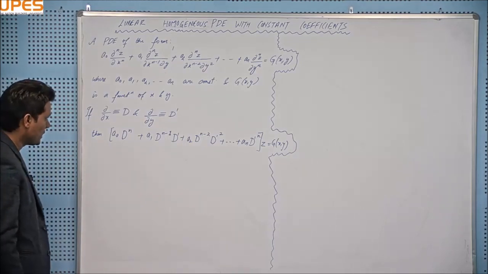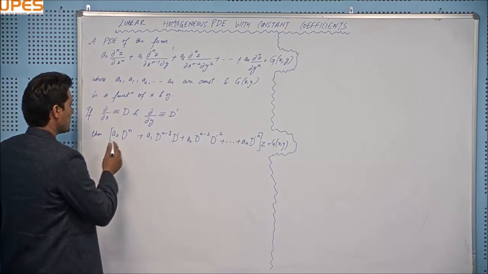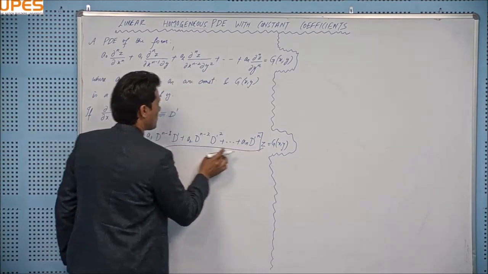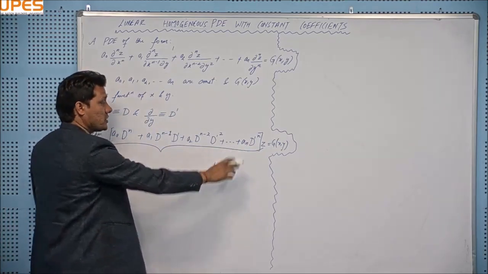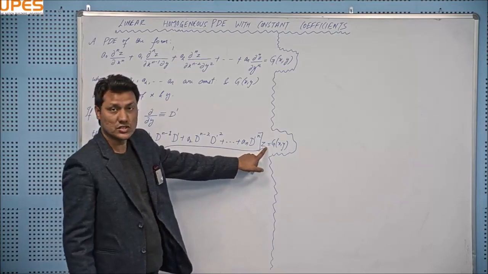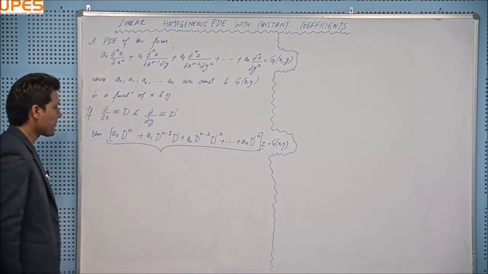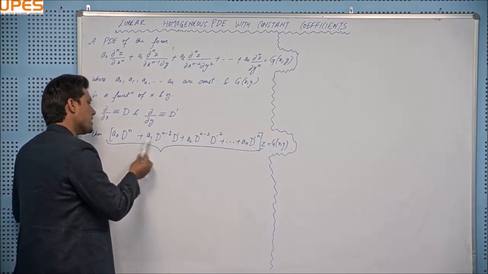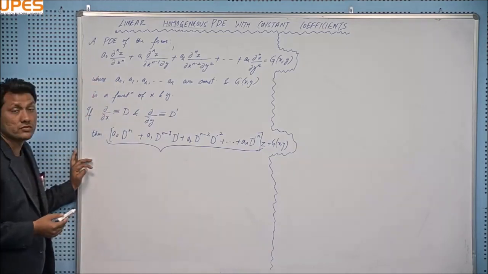And now you see that you can write this as an operator. This is an operator, this is not a function. This is an operator operated on the dependent variable z, and we get g x y. You can think like that. It is an operator containing D as well as D dash, containing various powers of D and various powers of D dash.